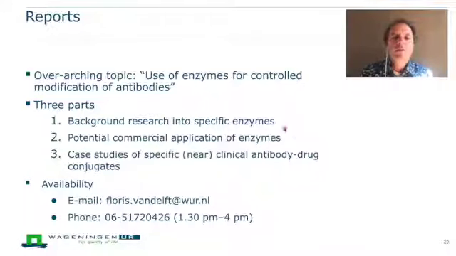First, you will look into the background of a specific enzyme. Second, you will research the commercial application of this enzyme for a particular application. And thirdly, you will discuss in detail a case study of an antibody-drug conjugate that is currently in the clinic.